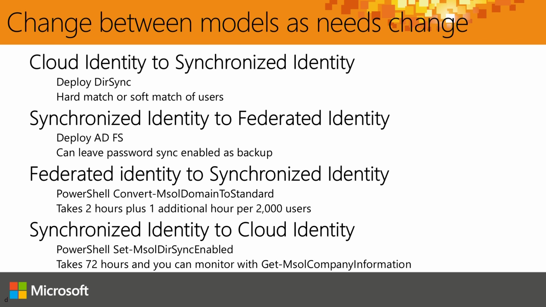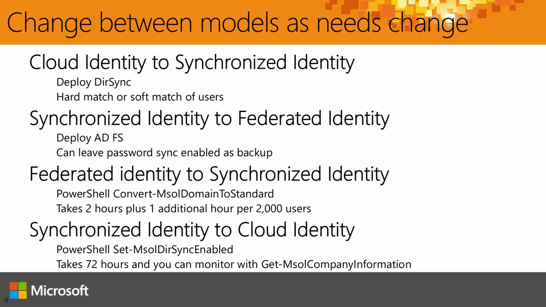So they'll move to a synchronized identity because that requires effectively deployment of a single box. For a limited pilot, they can run a single box because the AD Connect, Directory Sync, or Azure Active Sync services, whichever one you're running, sits behind firewalls. You don't need to do a lot of firewall changes. It's pretty easy and straightforward to get going.